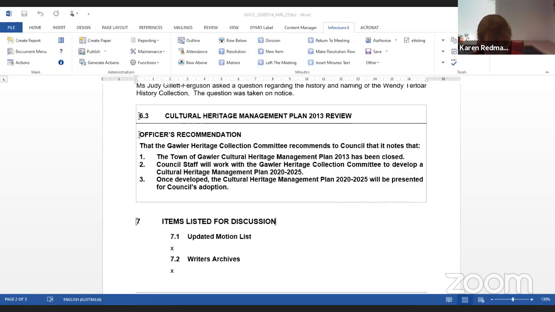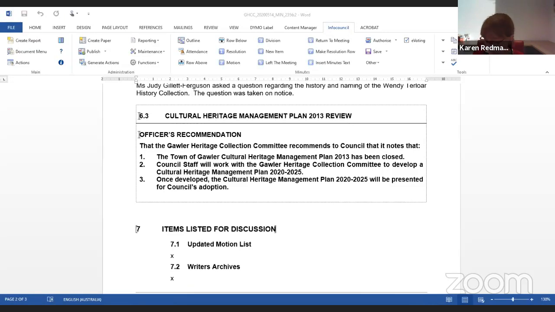I actually think that we need to have a site visit at our storage facility. We haven't yet done that as a committee. I think we did it before there was a committee, and we haven't done it at all during the time of this committee.